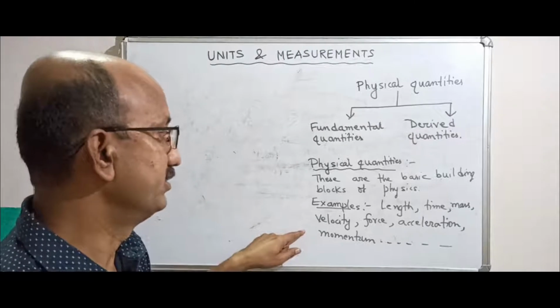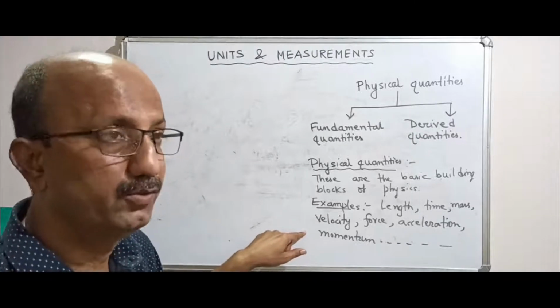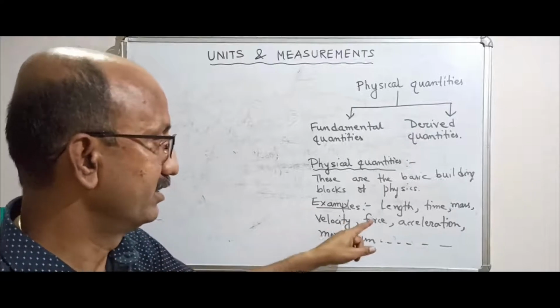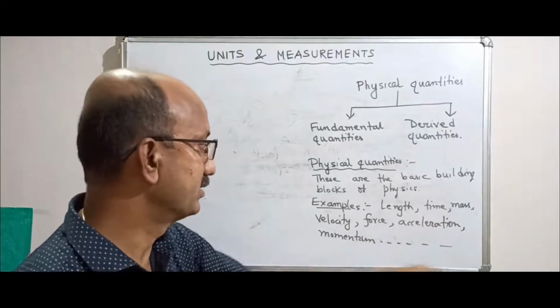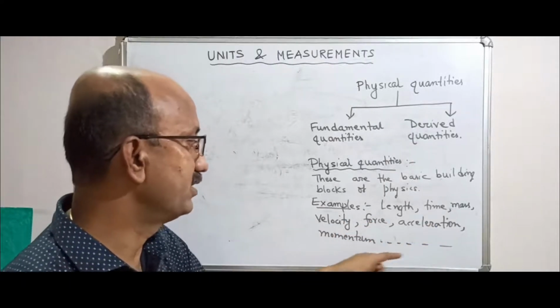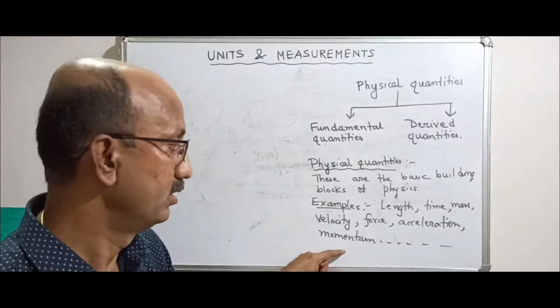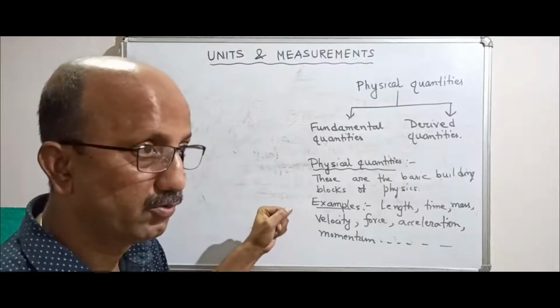All these things which are closely associated with physics are called the physical quantities. Length, time, mass, velocity, force, acceleration, momentum, work, energy, power, all these are termed as the physical quantities.